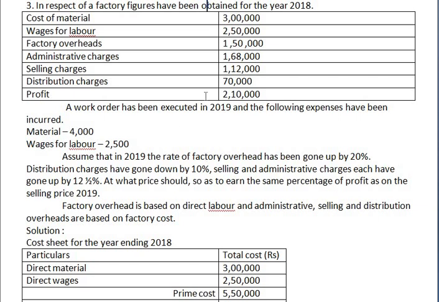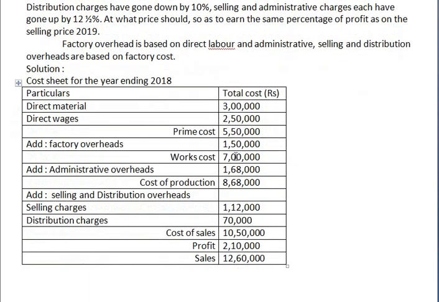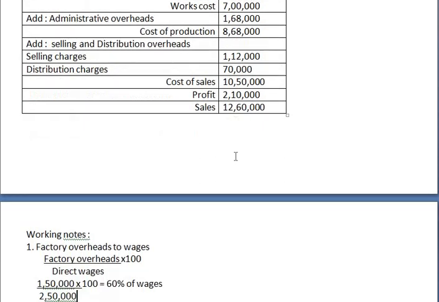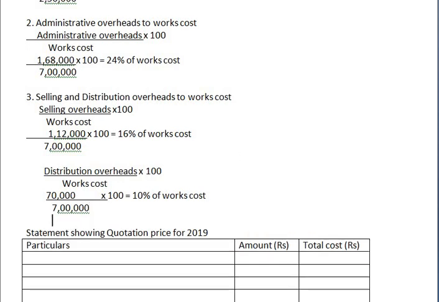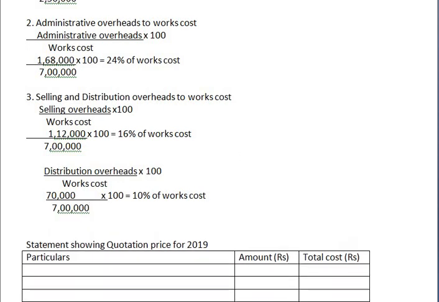It means here profit already they have given, that is 2,10,000, and sales we have calculated, that is 12,60,000. So we will find out what is the percentage of profit on selling price.